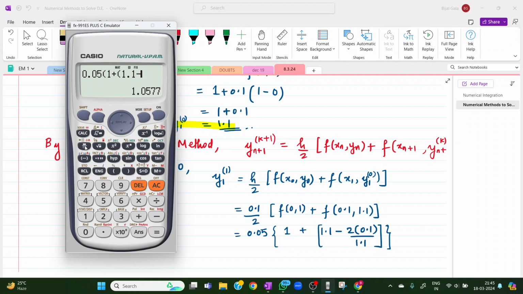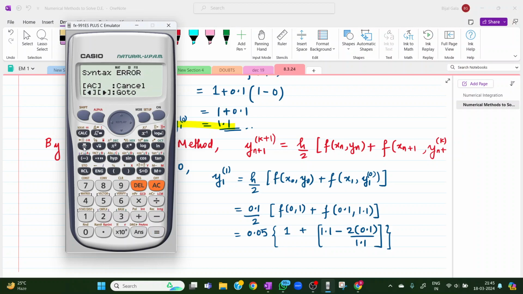Okay, the fraction here is to be put like this. I'll have to put a bracket 2 into 0.1. Now I'll put a fraction, that's the denominator, 1.1. Let's close all the brackets.